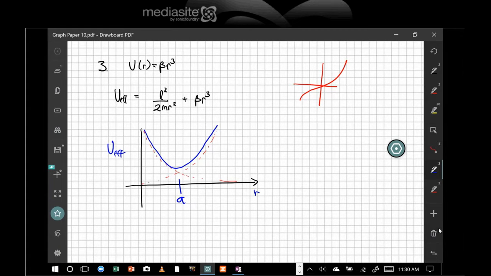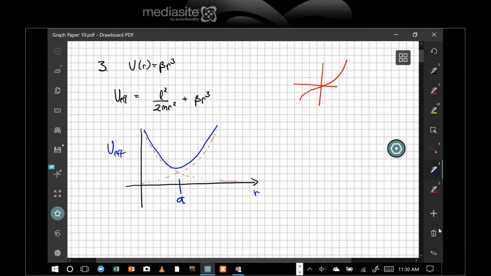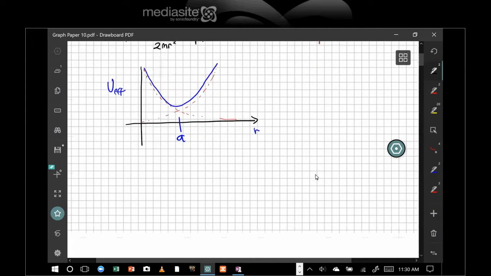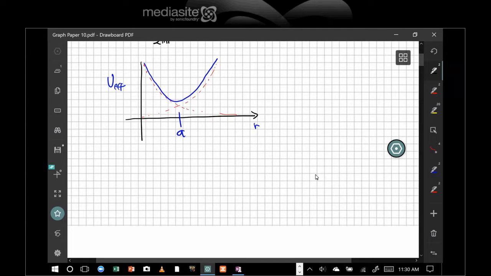So I have to find that. And by the way, that energy is also going to be the minimum energy of the system for a bound orbit. So in that case, the total energy is going to be equal to U effective at R equals A. So that's the energy of that circle.